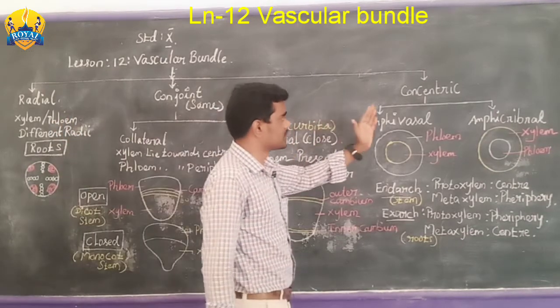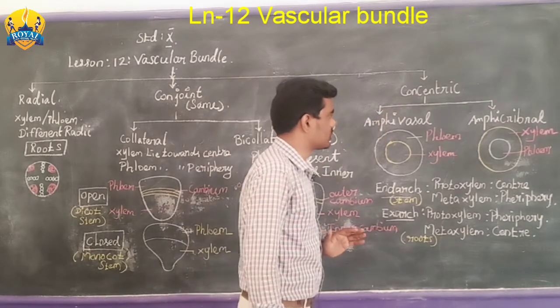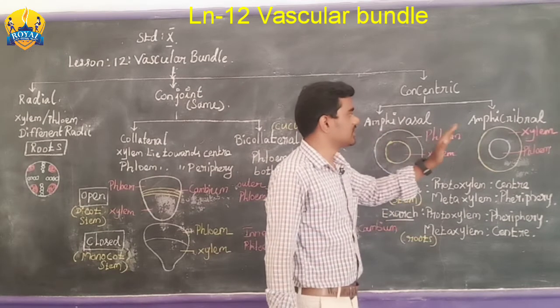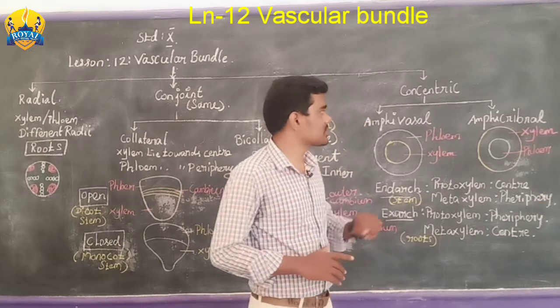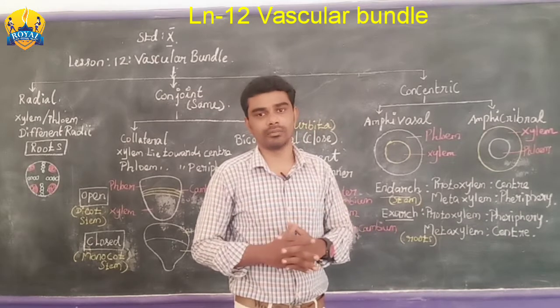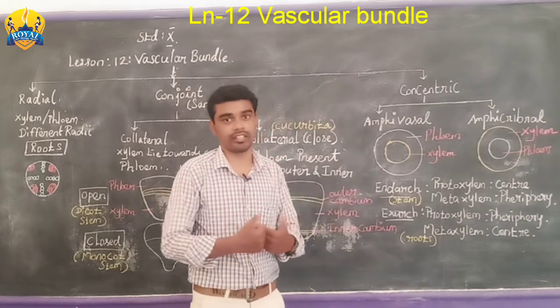What is concentric? The third one is the concentric, with amphivasal and amphicribral. Concentric in the sense that xylem and phloem are surrounded alternatively like that.